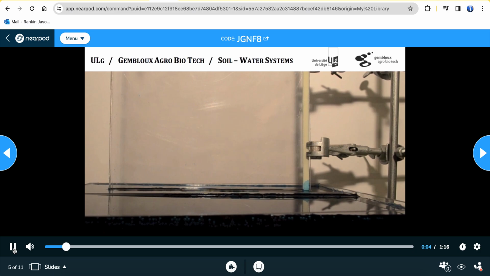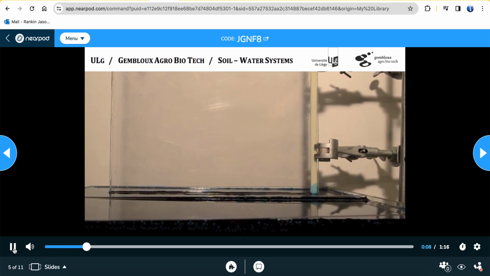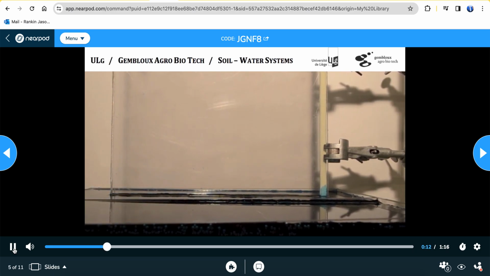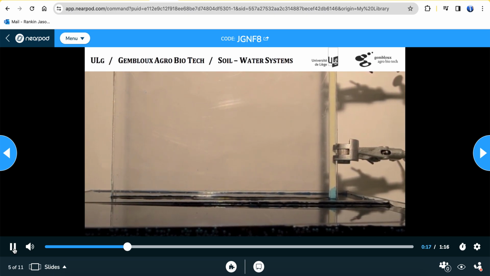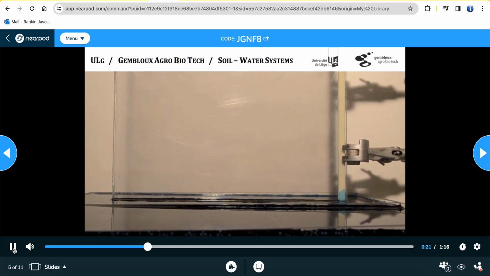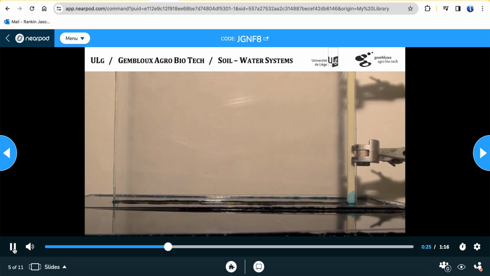Before the sequences using time-lapse photography, here is a demonstration that illustrates the principle of capillarity. This principle is involved when water moves into dry porous materials. Liquid is pulled because of the attraction of solid mineral surfaces for water, adhesion, and attraction of water molecules for each other, cohesion.